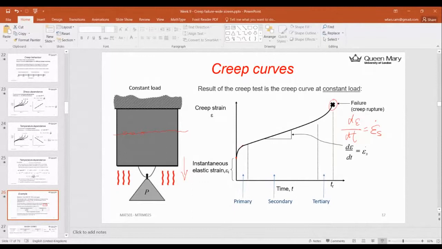Is A constant for the same material or for the same stress? Good question. A is a constant for the same material, of course.